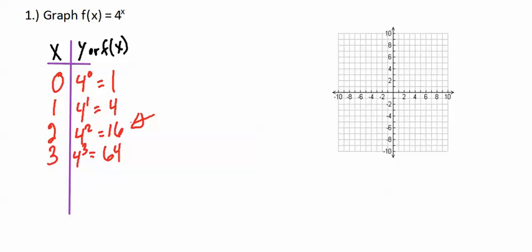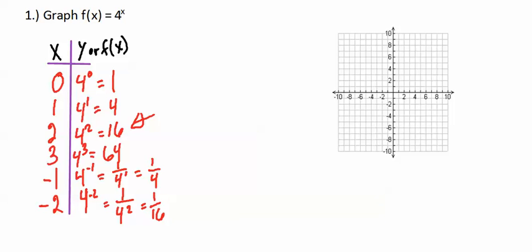Now, what we'll also do is a couple negatives to see what happens there. So we'll have negative 1, and we'll do negative 2. Now, when we plug this in, we're going to get 4 to the negative 1. And if you remember exponents, we move it down to the denominator, 1 over 4 to the first, which is 1/4, and then 4 to the negative second, which is 1 over 4 squared, which is 1/16.